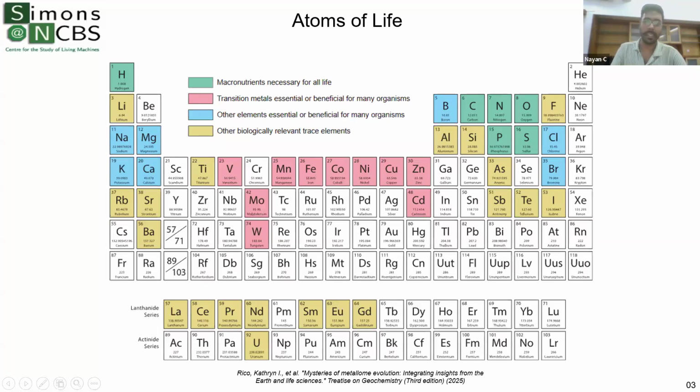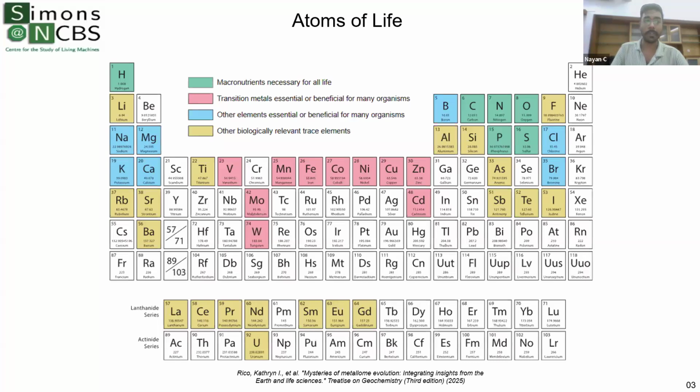They make up around 98% of almost all living systems that we know. Then in different hierarchies, we have transition metals, which are beneficial for all organisms, like iron, cobalt, nickel, copper, zinc. And then we have other elements like sodium, potassium, magnesium, which are also beneficial for all organisms, and then some trace elements. So this is the atomic soup one can expect to start with, and certain molecules which are made of this atomic soup.